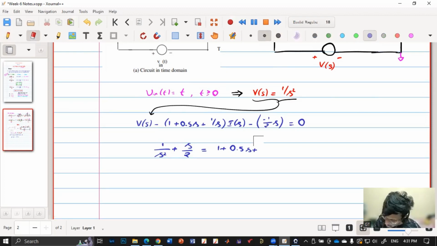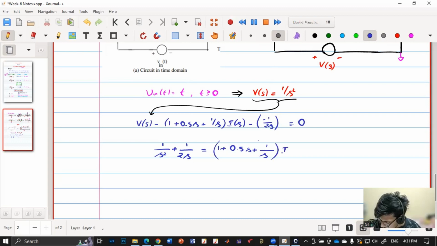Again, I have made a blunder. S is in the denominator, so here also S will be in the denominator: 1 by 2S. So 1 plus 0.5 S plus 1 by S into I of S.